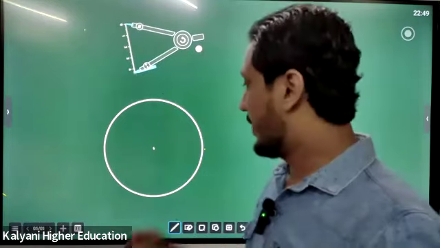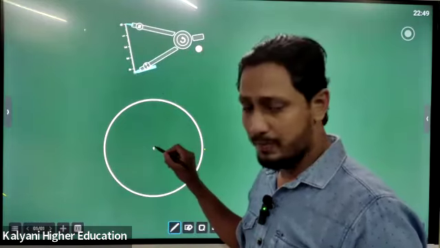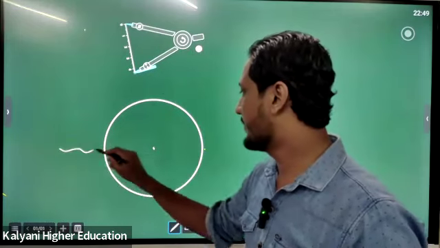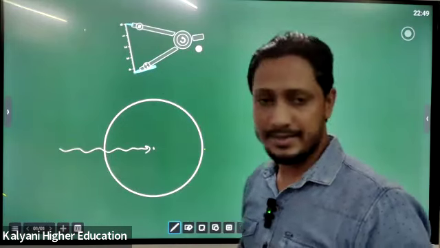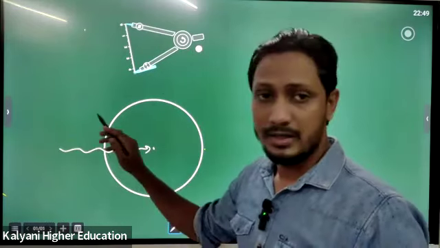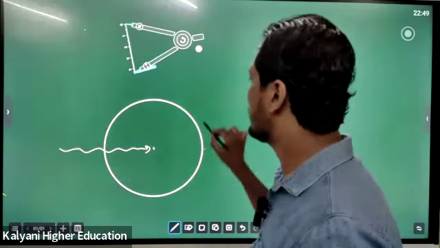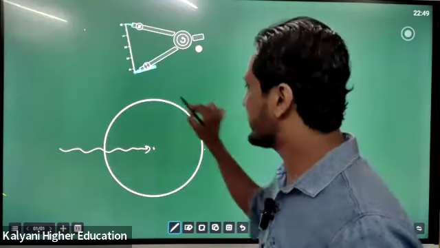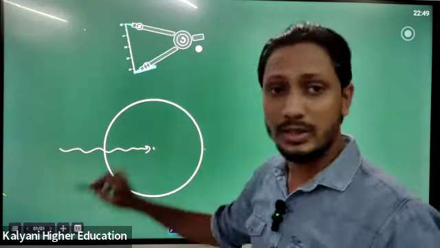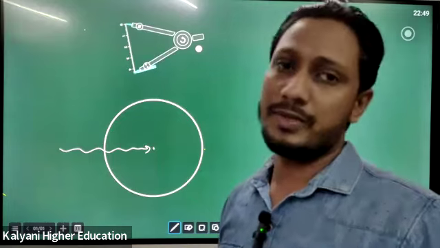Again, where we kept the compass point, we call it what? Center. And the pencil, where it moves, where the pencil runs, this line, this path, this locus, we call it the circumference of the circle.